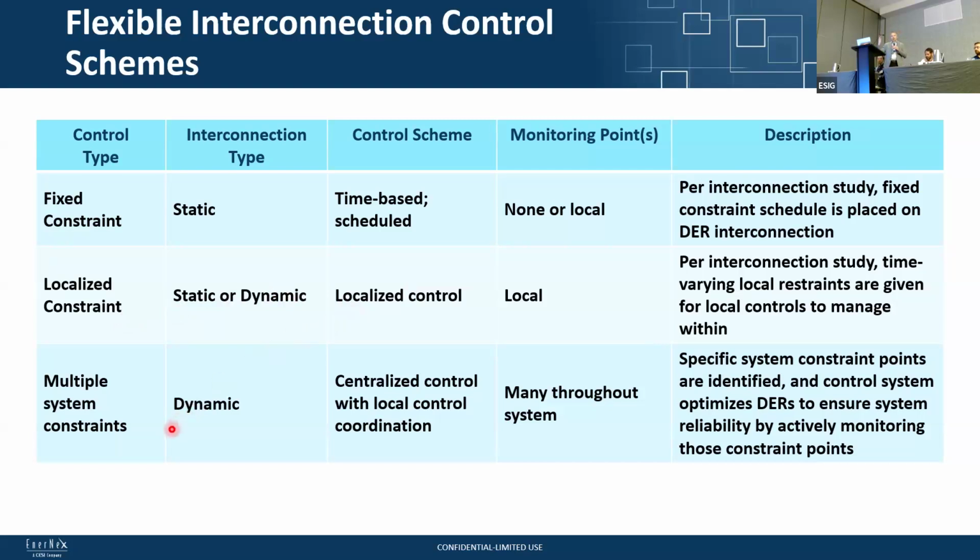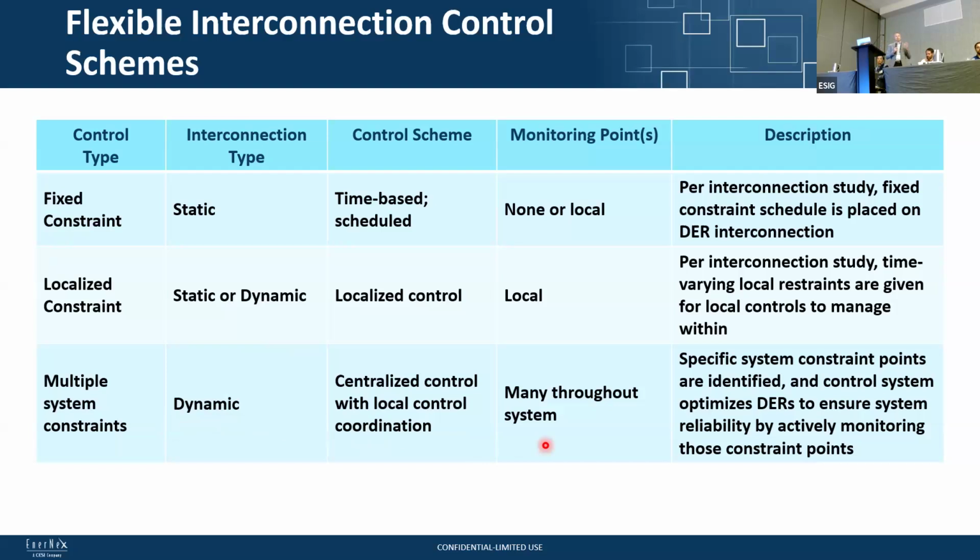And then, going down that scale of complexity, some multiple system constraints. This would be for a more dynamic interconnection type, where you may have a centralized control system with local coordination, but the monitoring points might be multiple points in the system.